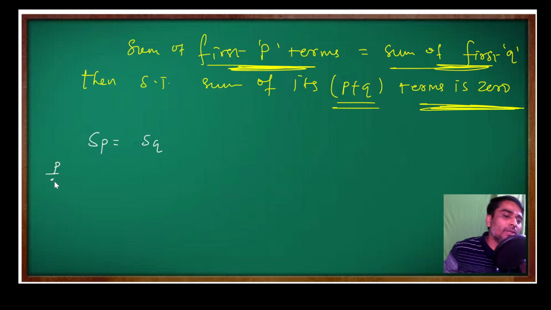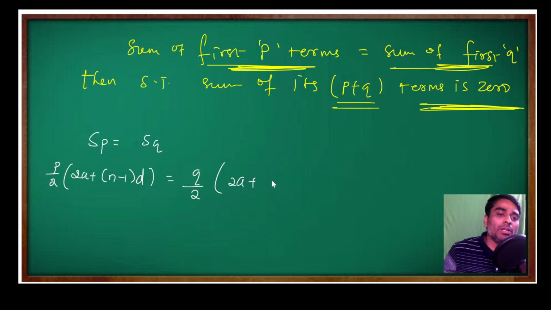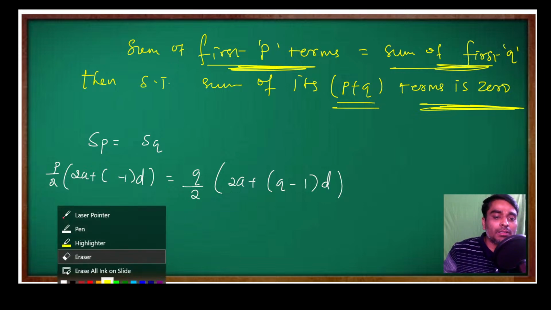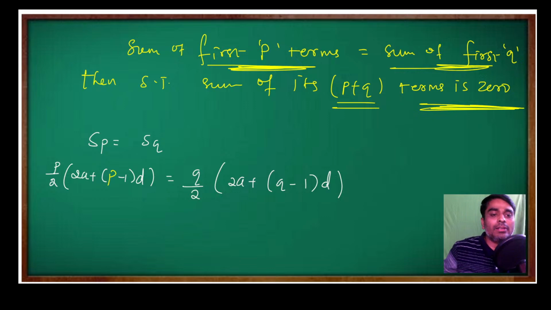What is this? P by 2, 2a plus p minus 1 into d equal to q by 2, 2a plus q minus 1 into d. Wherever n is, I have to write these letters. The halves cancel off, just remove them.